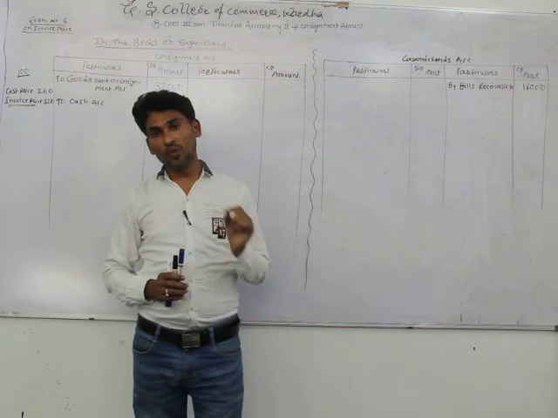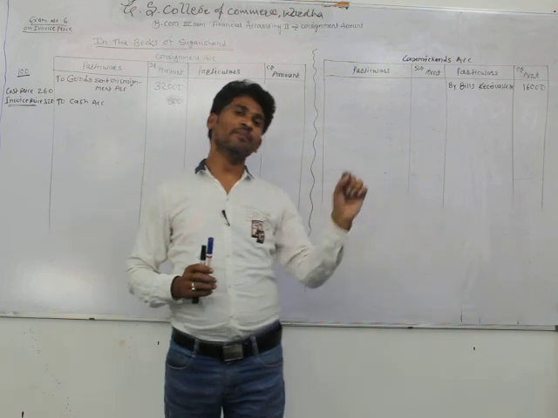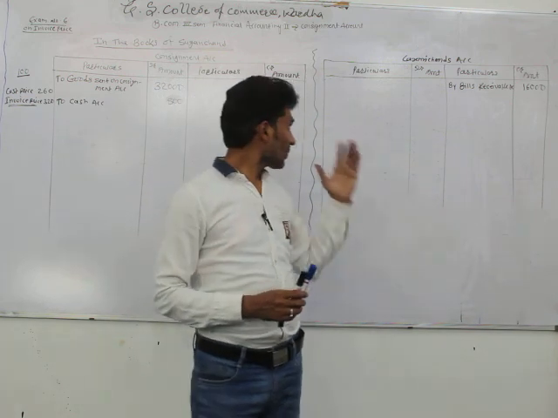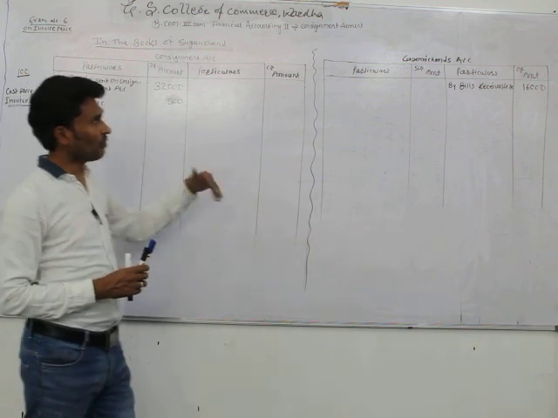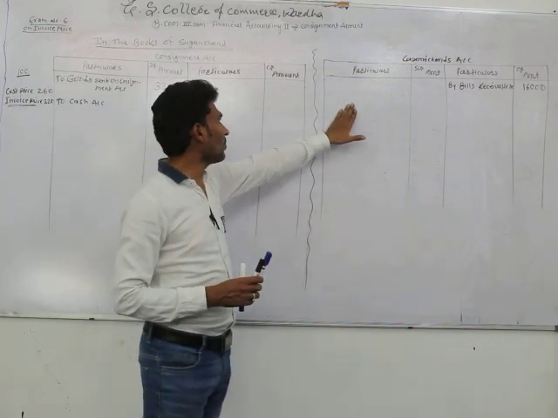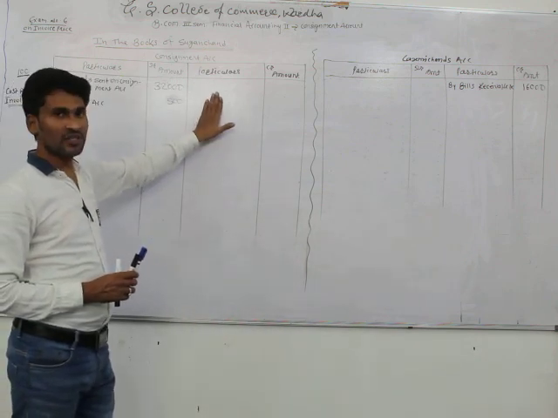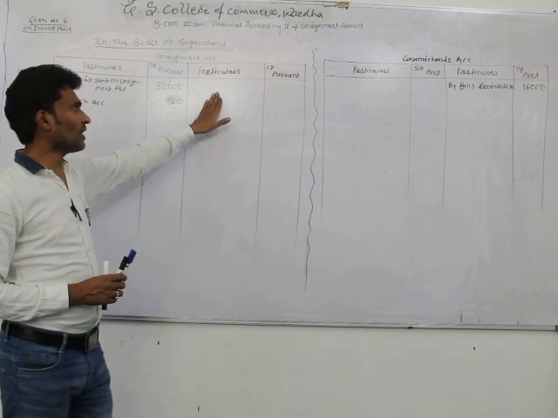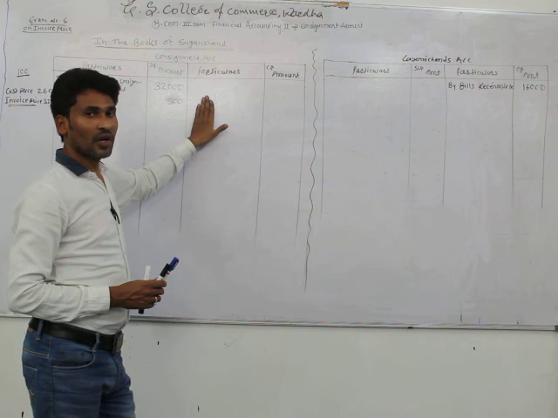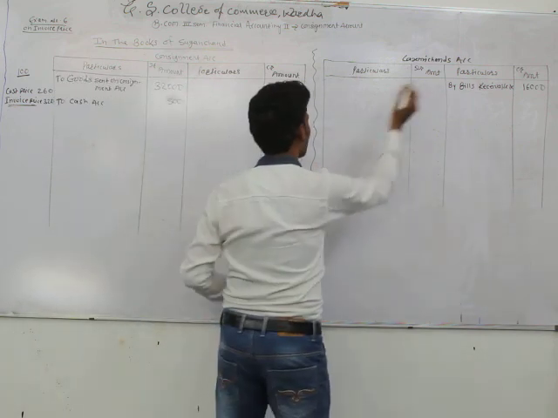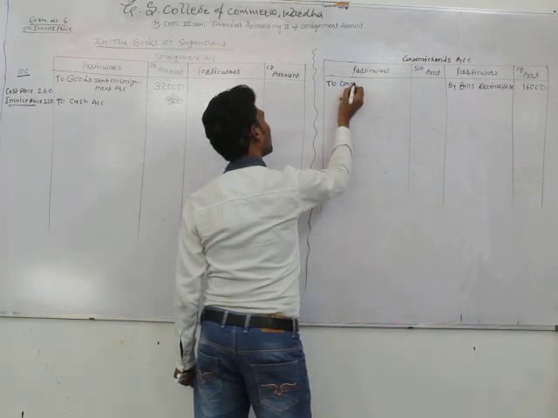For that, the consignor passes a journal entry. This amount is due from Lakshmi Chand, so Lakshmi Chand's account is debited, and sales is the consignment's income, so it is recorded at the credit side of consignment account. So write at the debit side of Lakshmi Chand's account, to consignment account.